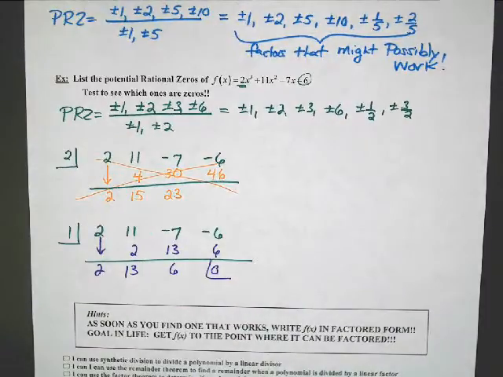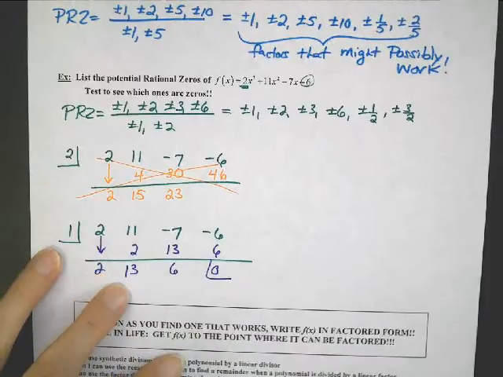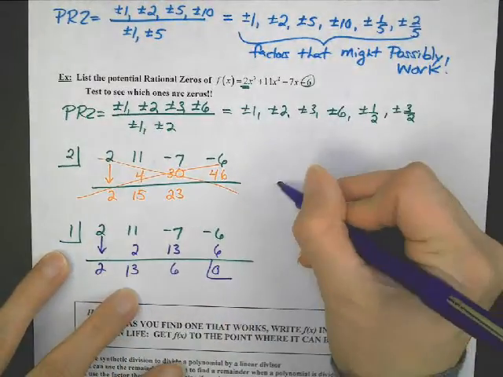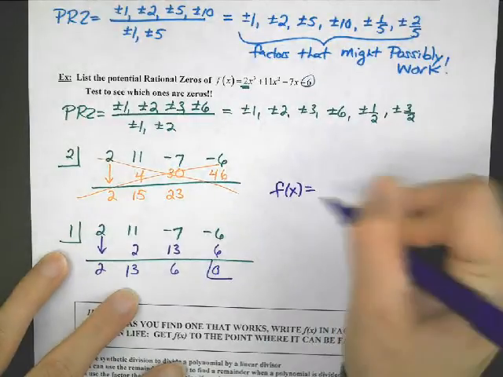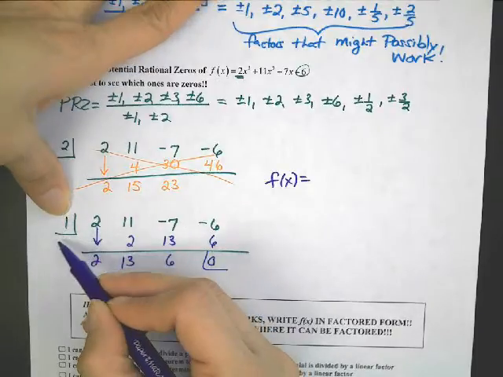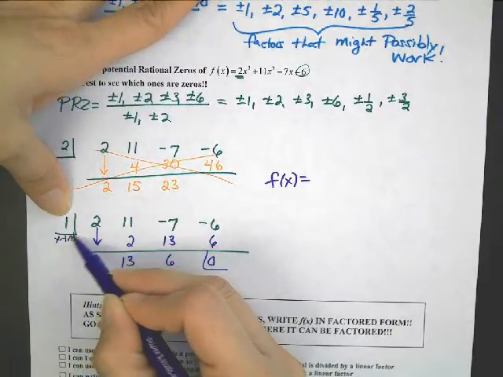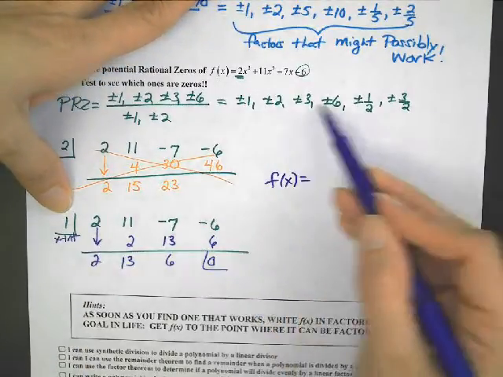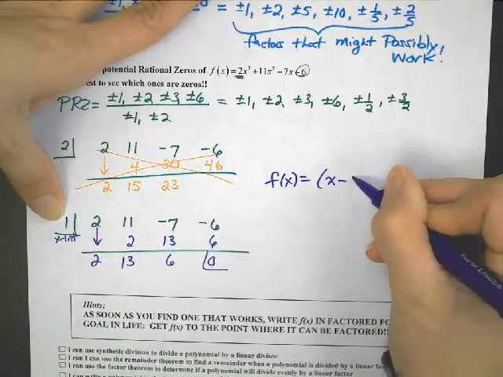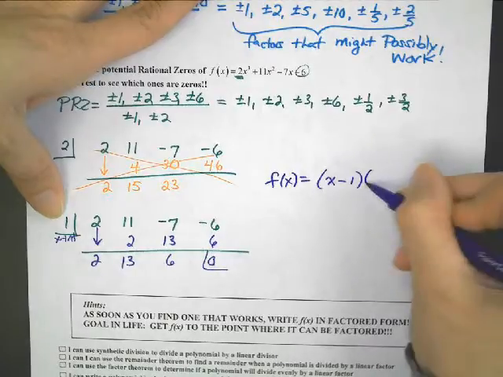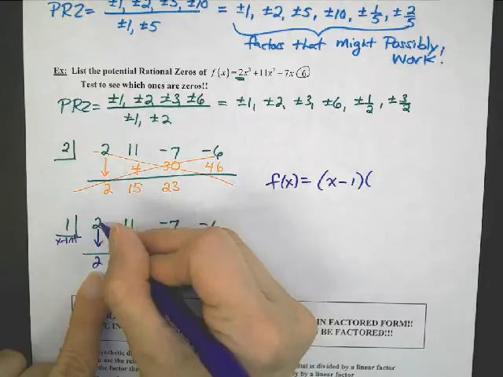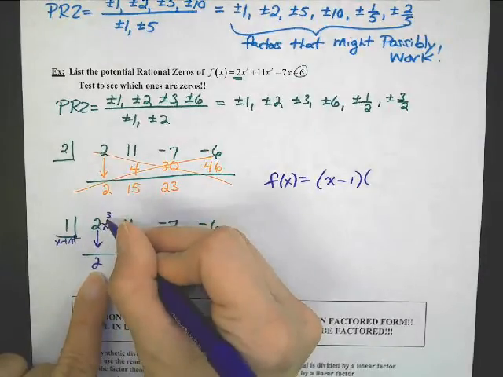Okay. As soon as you find one that works, everybody stop. What we're going to do is write f of x in factored form. Okay, what was the factor that we found? 1 is the x-intercept. That's the 0. That's the possible 0. So that factor would be x minus 1. Then, next to it, you're going to put the quotient. This problem used to be 2x cubed.